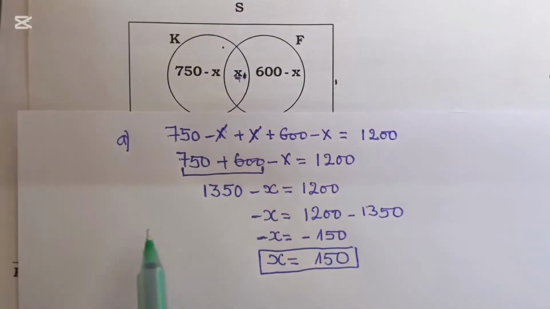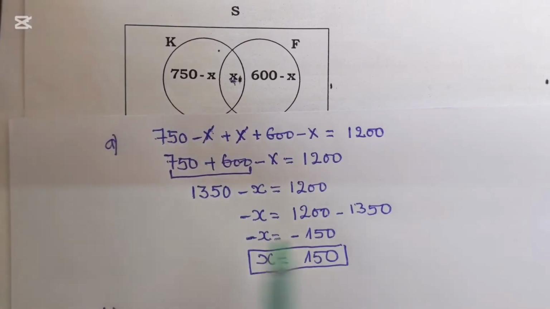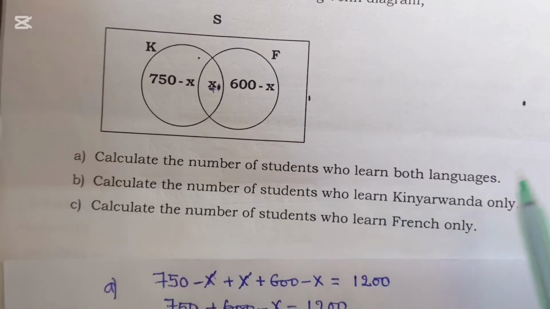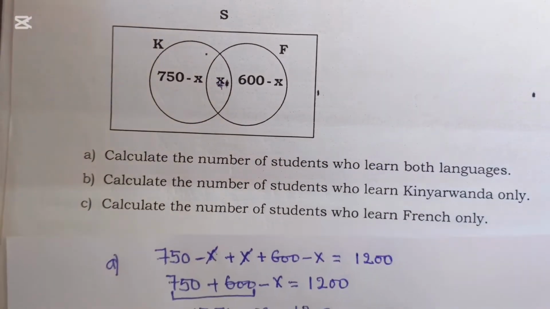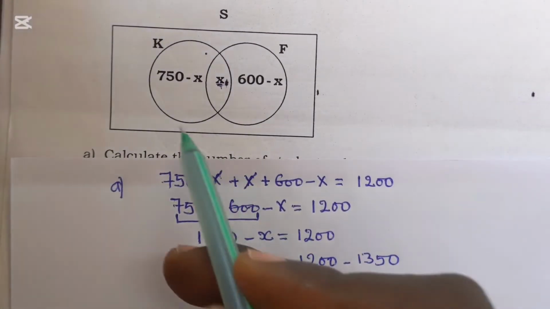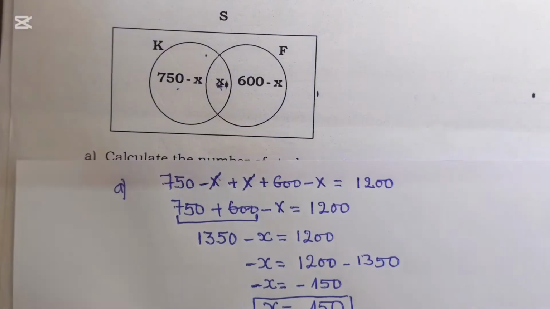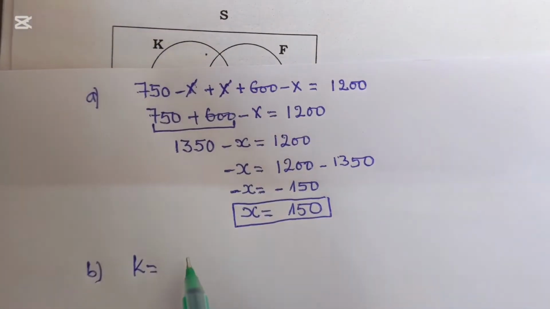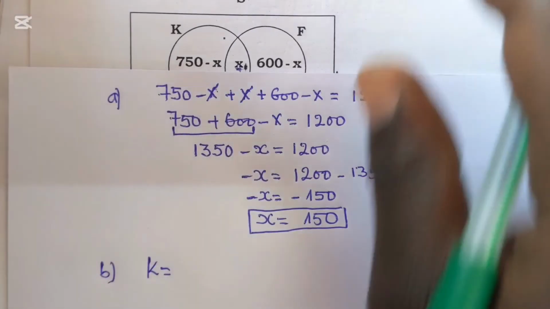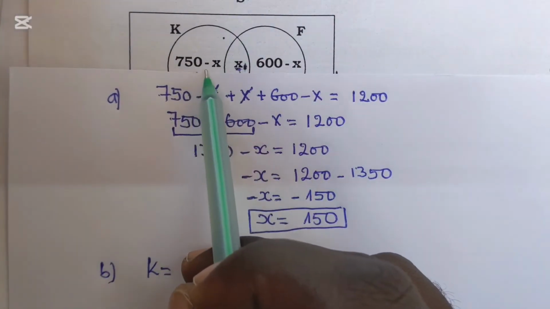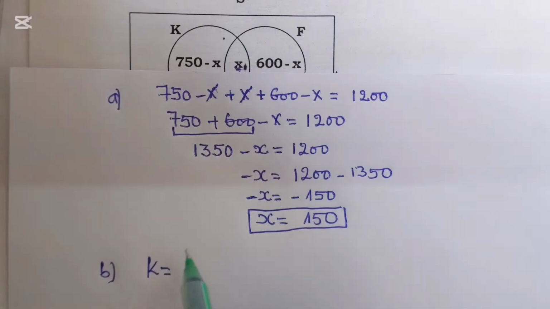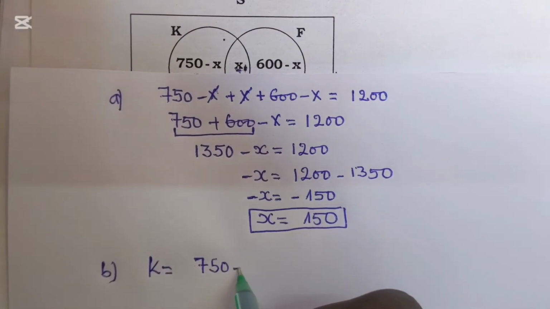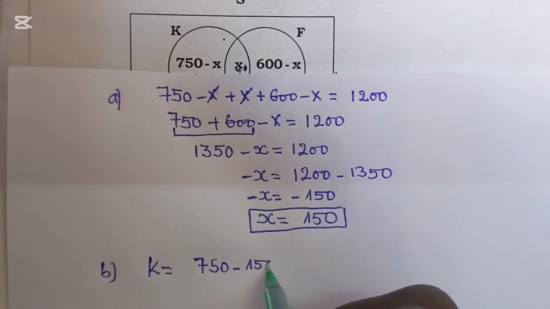Letter B means we are supposed to find the number of students who learn Kinyarwanda only. For Kinyarwanda only, we shall get K, which equals, we know that 750 stands for Kinyarwanda, so we shall get 750 minus 150.